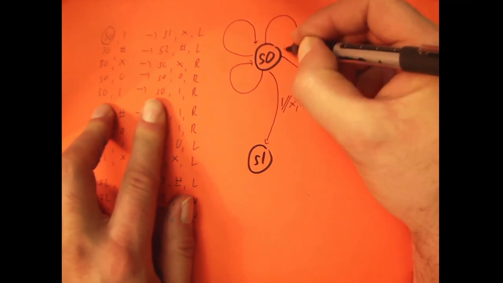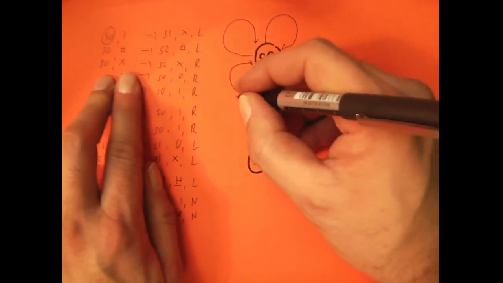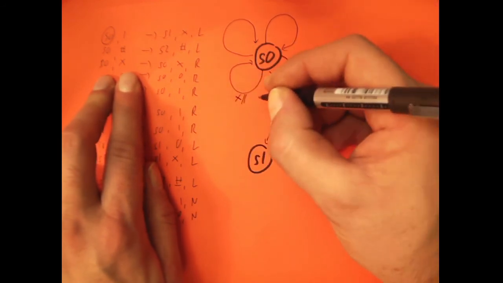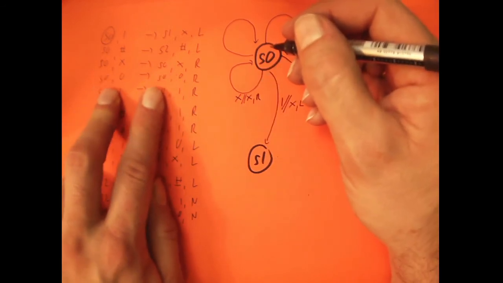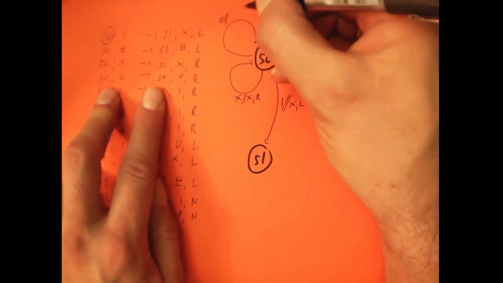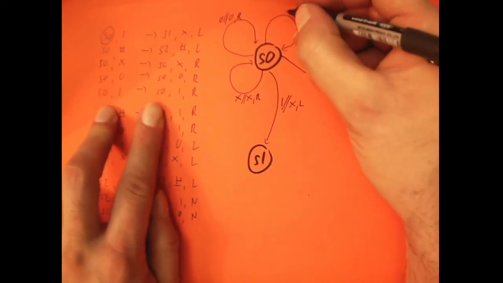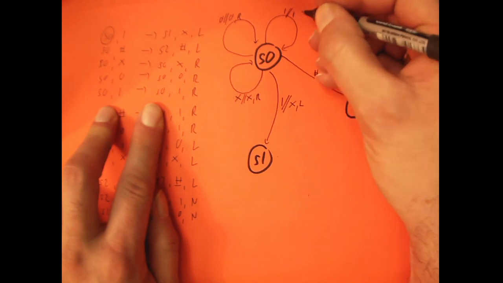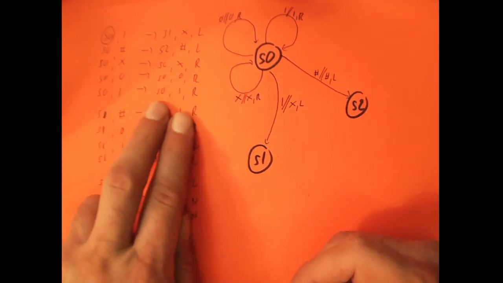It looks like a flower. The first one is we read an X and we write X and go to the right. And the next one is we read a 0, we write a 0 and go to the right. And we read a 1, we write a 1 and go to the right. So this is the complete setup for S0.